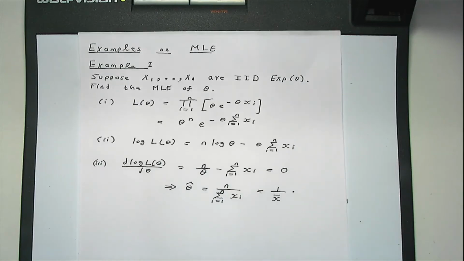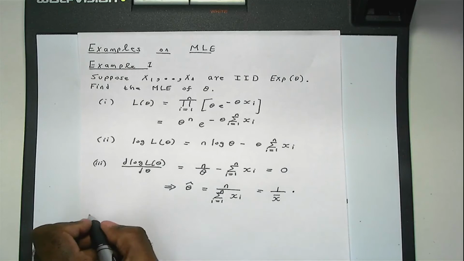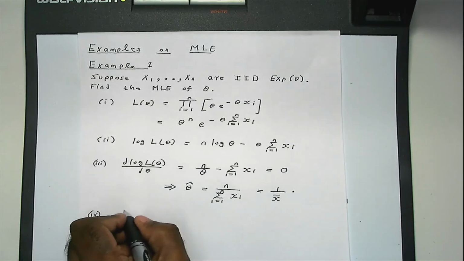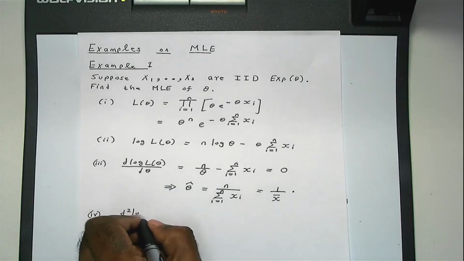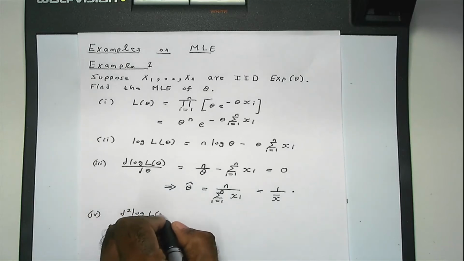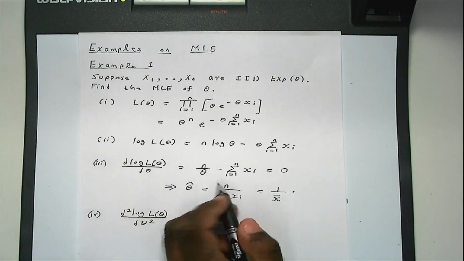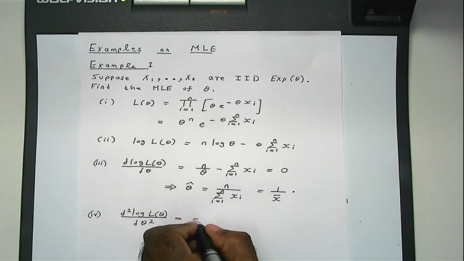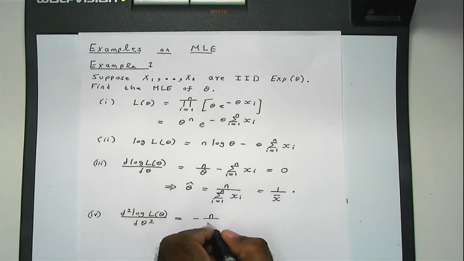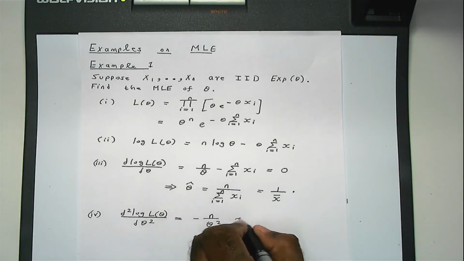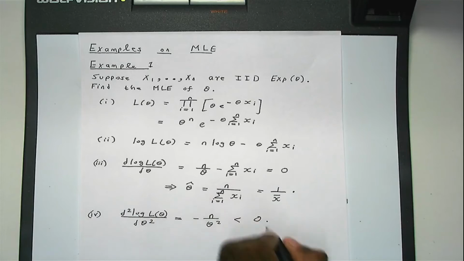Now, to make sure that this is an MLE, we need to take the second order derivative. So that's the first order derivative of this. So it's going to be minus n over theta squared, which is clearly negative, right?